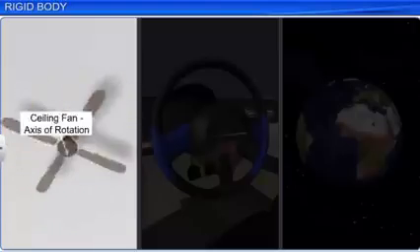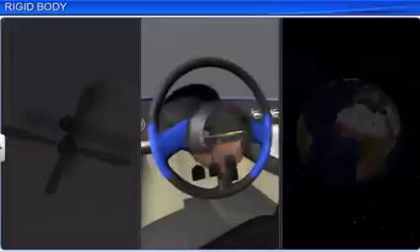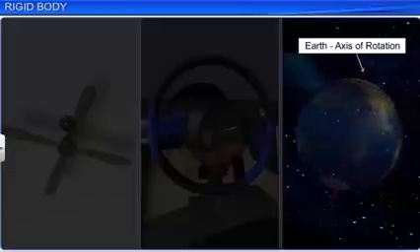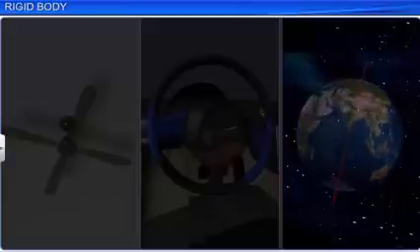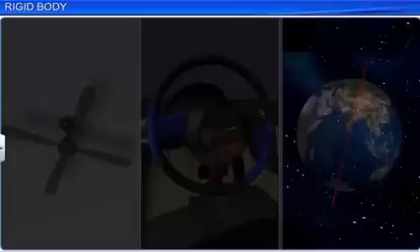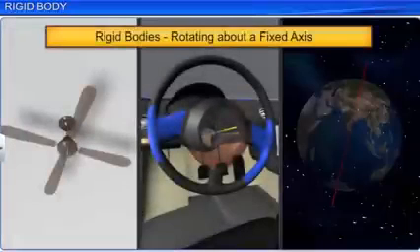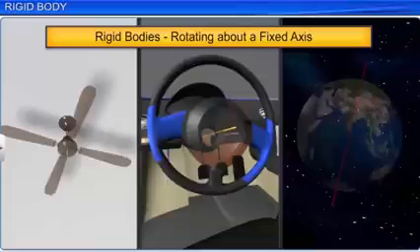The rotating blades of a fan, the steering wheel of a car, and the Earth's rotation are some examples of rigid bodies in pure rotational motion. In all these examples, the axis of rotation is fixed and the rigid body rotates about it.